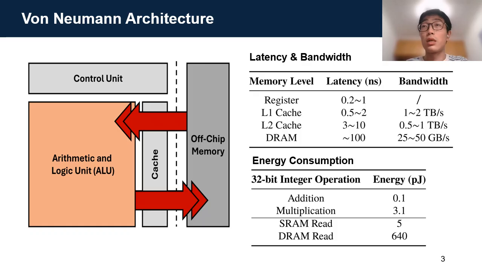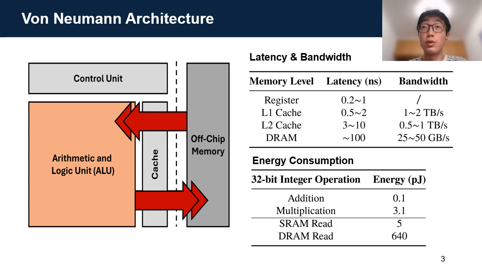So when it comes to computationally intensive tasks, there is substantial amount of data transfer between memory unit and compute unit, and most of the latency and the power consumption comes from the memory access rather than computation. Therefore, simply increasing the memory performance is far from enough. We need to address the data transfer bottleneck.